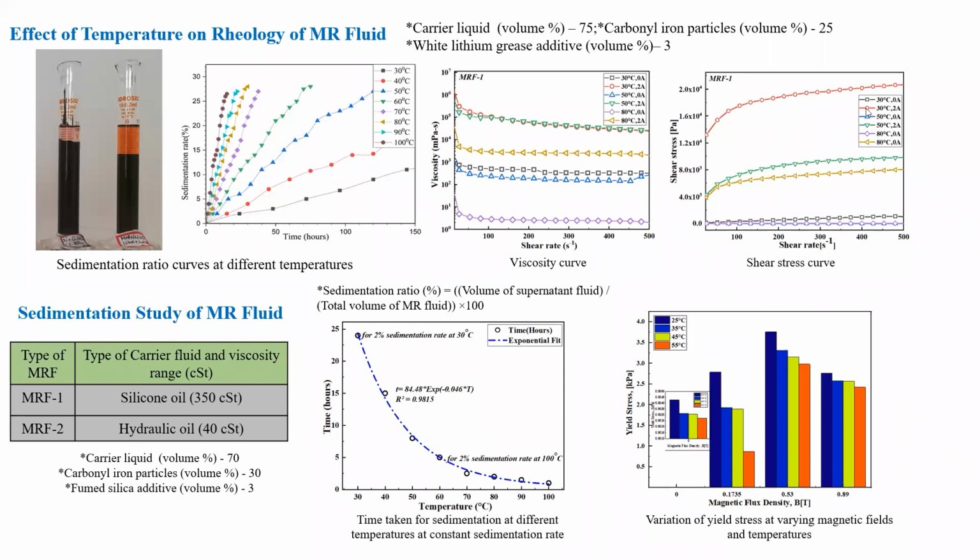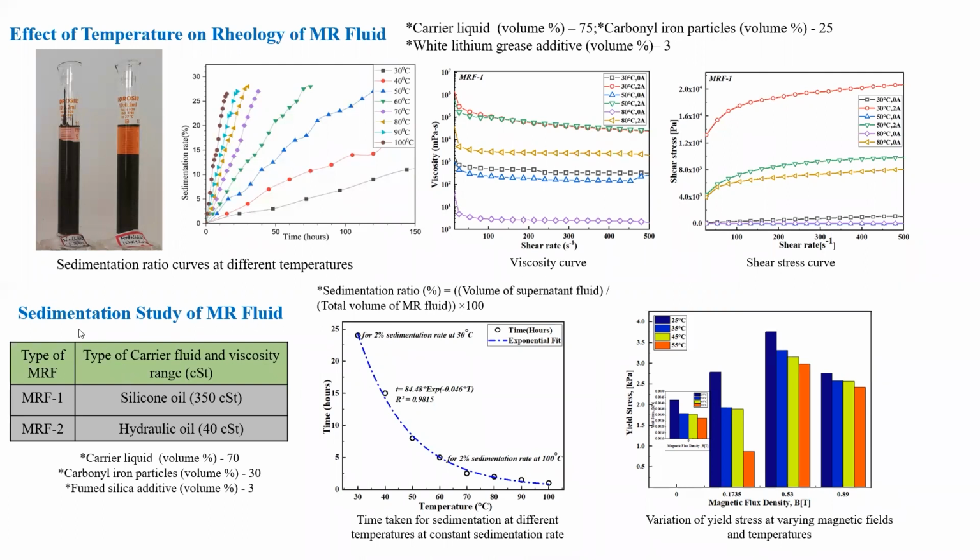From this you can see the yield strength of 30 degrees centigrade 2 amperes, it is here, the red one, and if you see the 30 degree 0 ampere, which is here, this is almost 0, and this one has a very high value of the shear stress. That means by applying the magnetic field we can vary this shear stress. So that makes it a very interesting property.